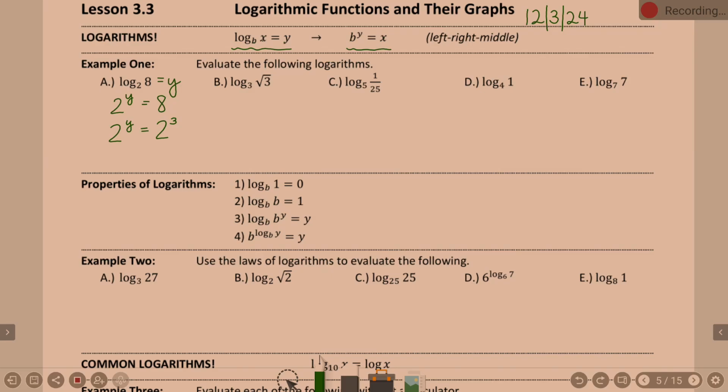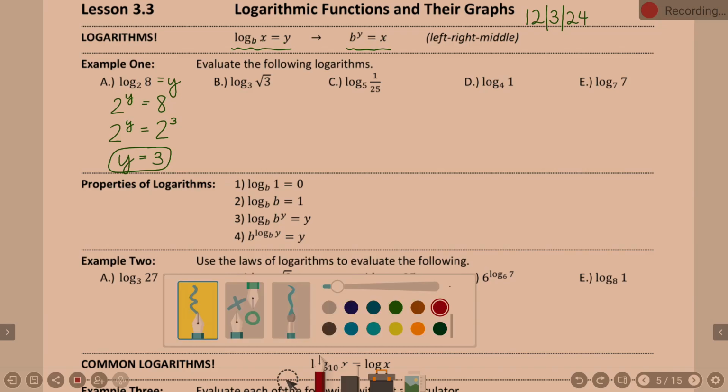I might be able to dig them out, but for right now, we're going with what we know. If the bases are the same, then the powers are equal, right? Are we okay one way or the other with y equals 3? Or basically log base 2 of 8 is equal to 3. And we'll talk about some properties we could use here in a little bit too.